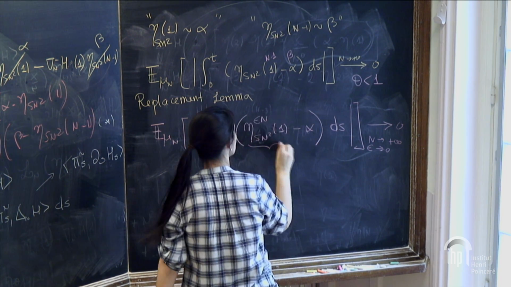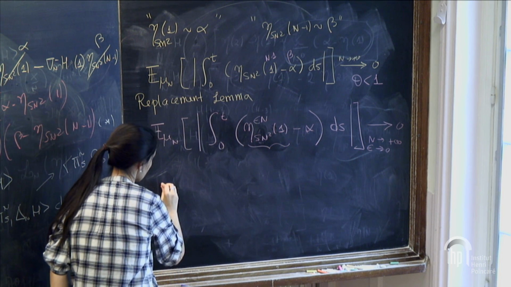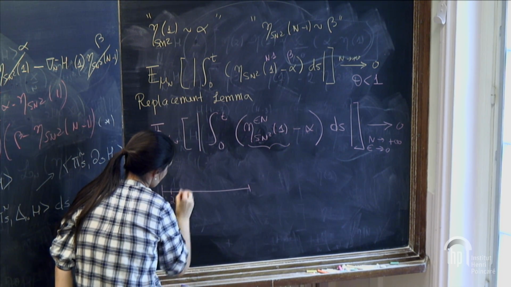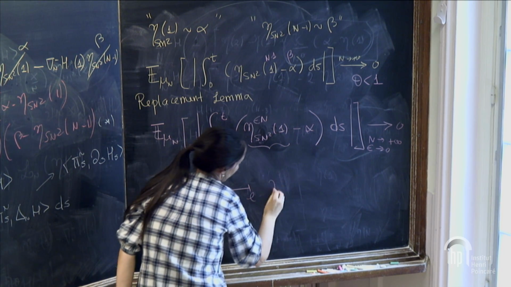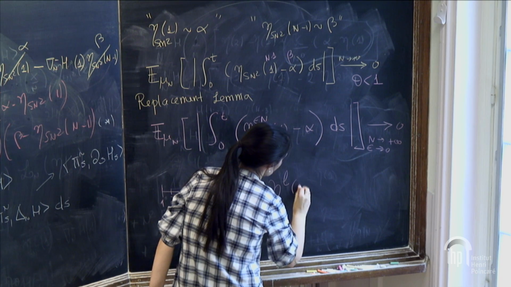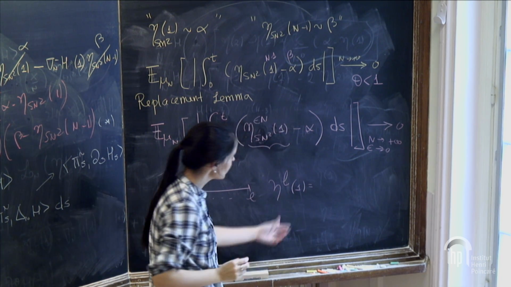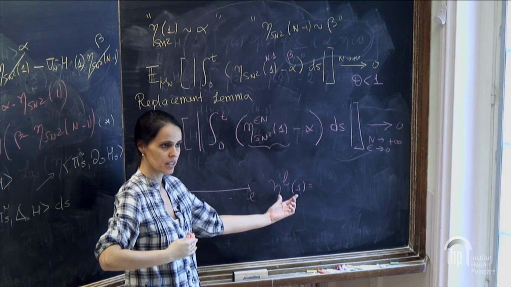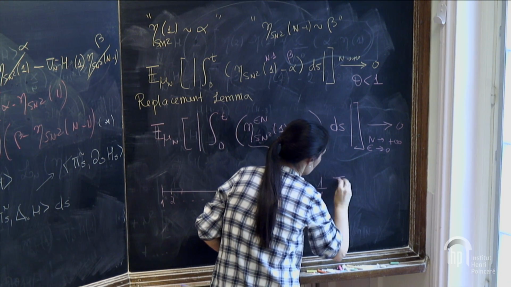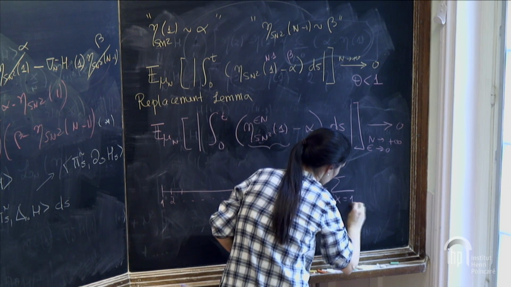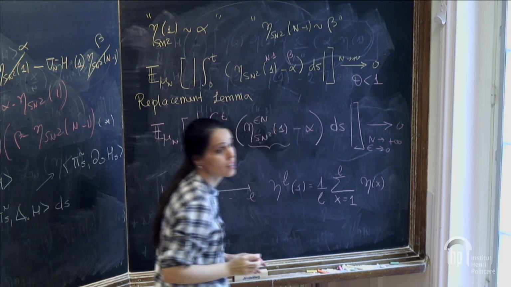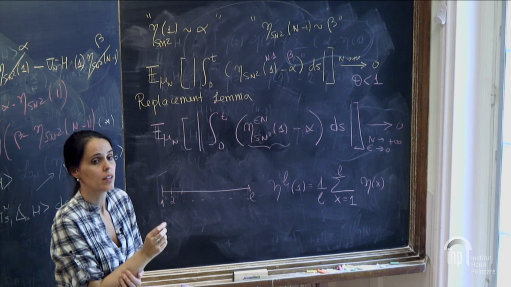So what is this? This means we are averaging over a box. So if I have eta L at 1, this is the average of particles in the box starting at 1 with L sites. So this is just 1 over L, the sum when x goes from 1 to L of eta x. Okay?